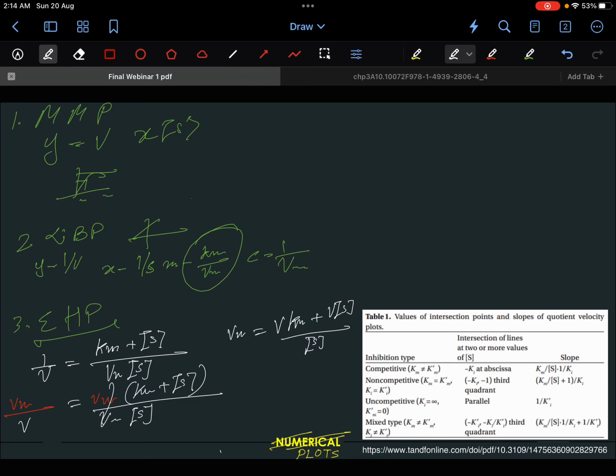And if we just play with the values, then we will find that V is equal to minus Km V by substrate concentration plus Vmax, right?